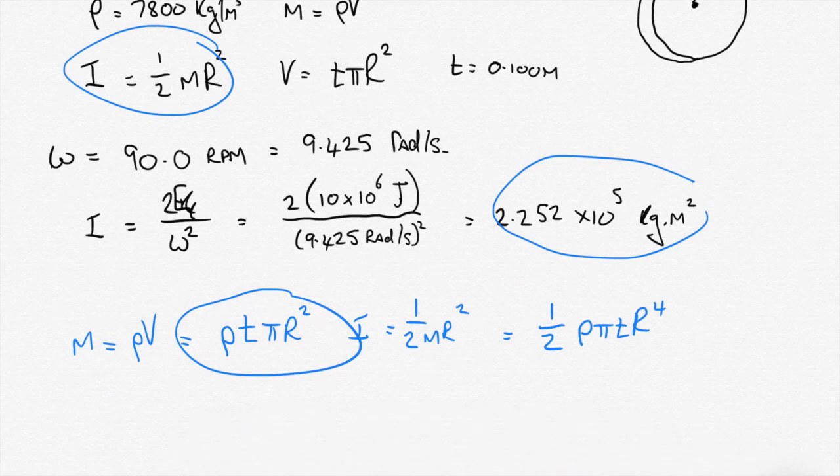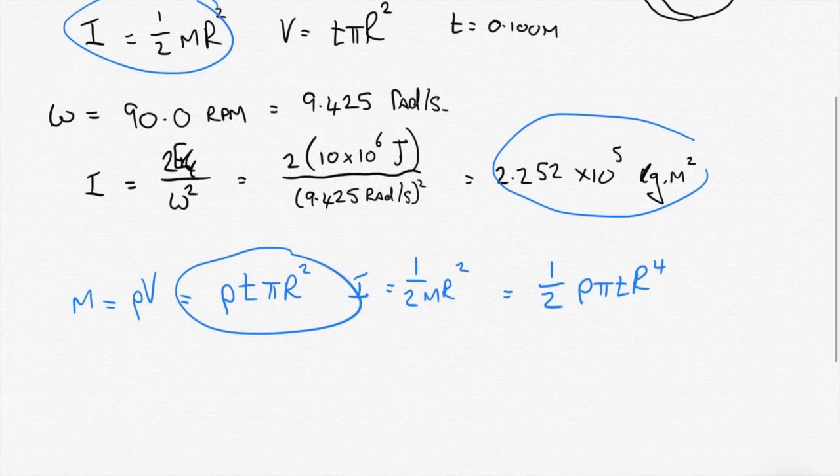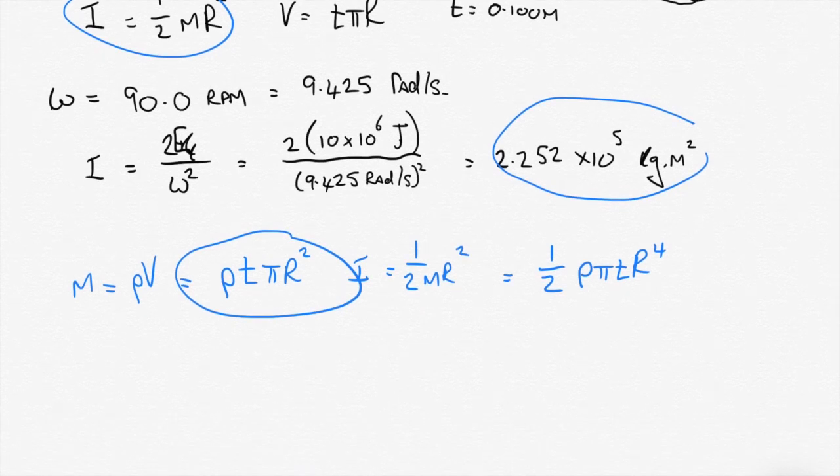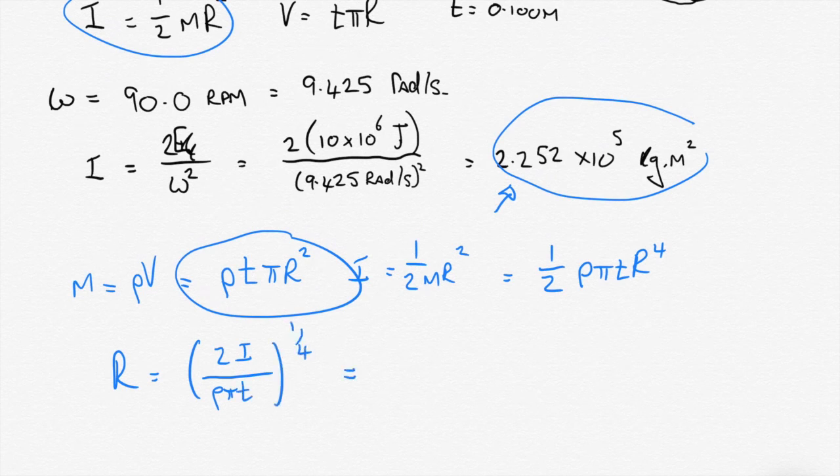So that's our formula for the moment of inertia of the wheel, which we know because we worked that out previously, up here. Now we only have one unknown, and that unknown is the radius. If we manipulate that equation to solve for the radius, capital R, we get 2I over rho times pi times t, all to the power of a quarter.